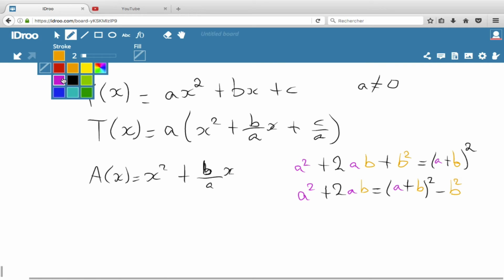So if we say a equals x, and 2 times a times b equals b over a times x.